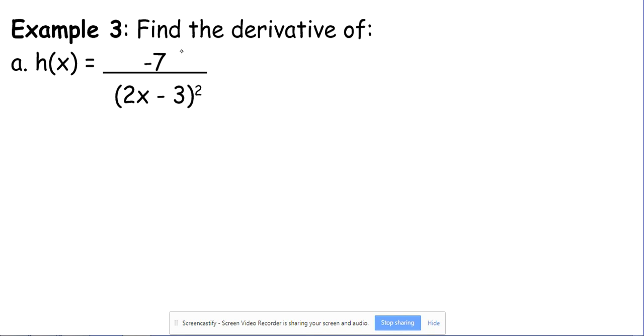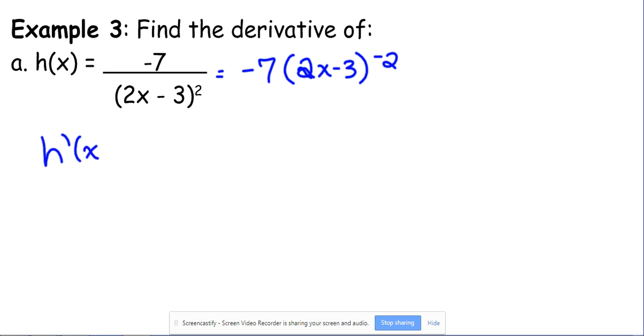Okay, let's look at this one. H of x is equal to negative 7 over 2x minus 3 squared. We need to rewrite this, just like we've been rewriting our rational expressions. We bring that up, give it a negative exponent.